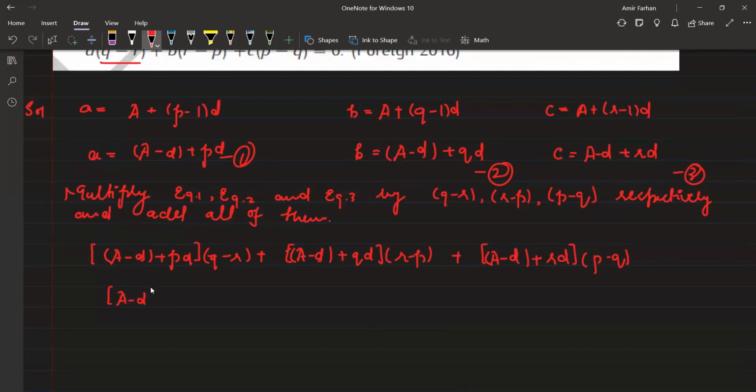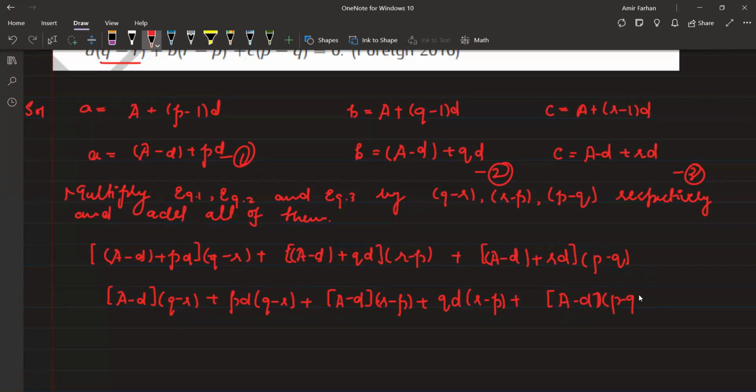A minus d into q minus r plus pd into q minus r, plus a minus d into r minus p plus qd into r minus p, plus a minus d into p minus q plus rd into p minus q. Is this step clear to you, Zainab? Yes, sir.